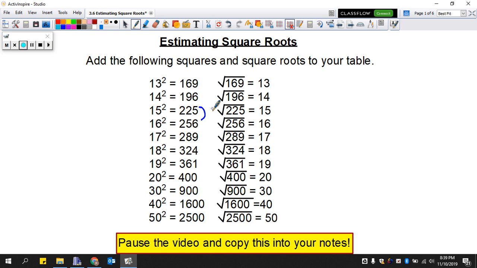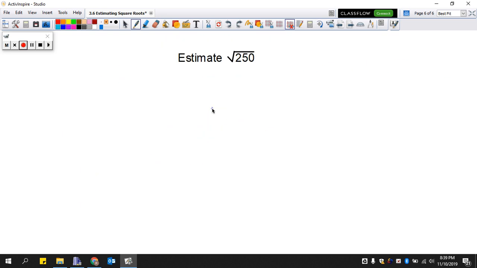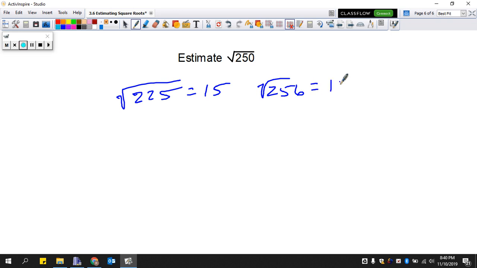The square root of 225 is 15, and the square root of 256 is 16. 250 minus 225 is 25, so it's 25 away from that, and 256 minus 250 is 6.